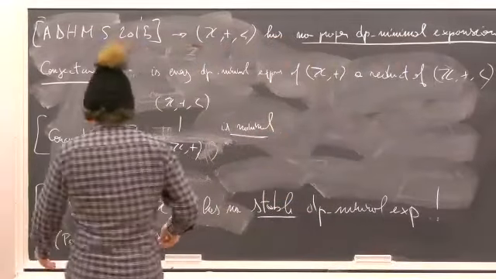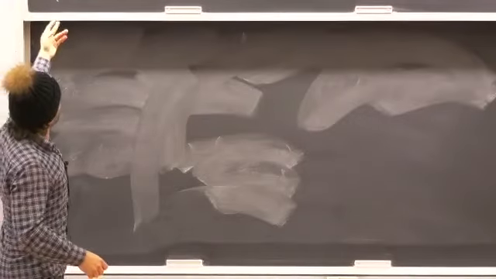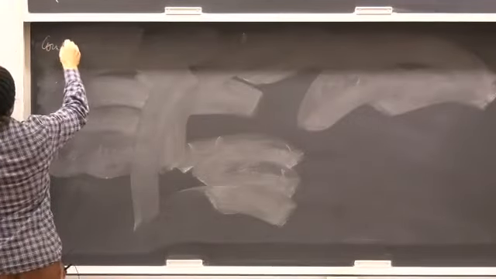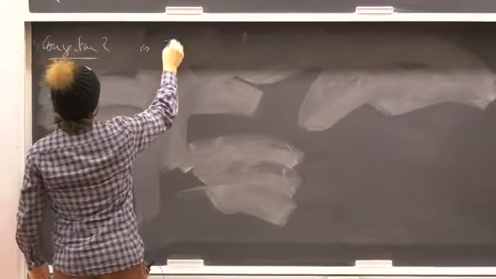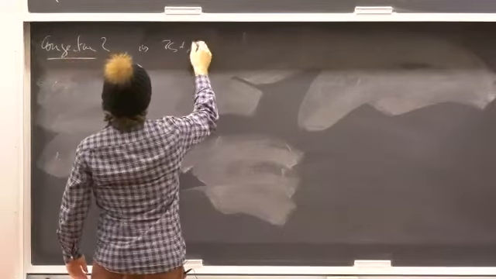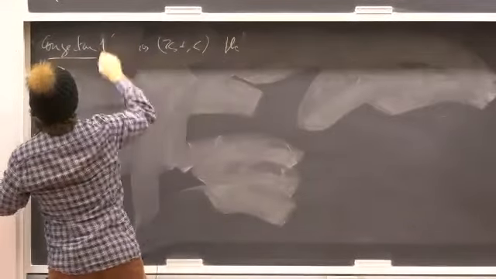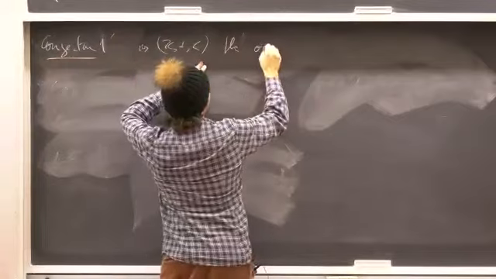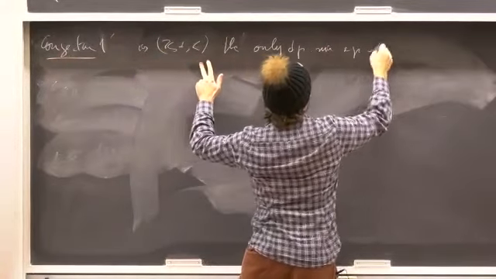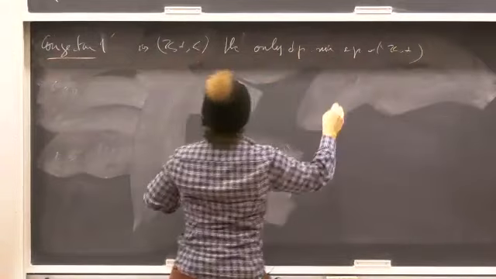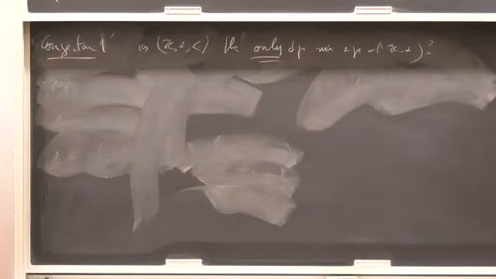So it's very encouraging for conjecture 2, or let's say conjecture 1 prime: the only DP minimal expansion of Z plus is Z plus less than.